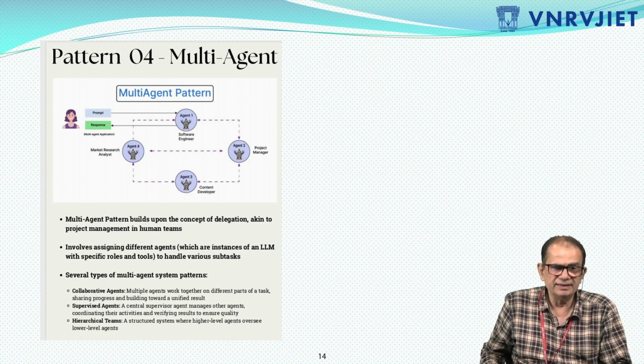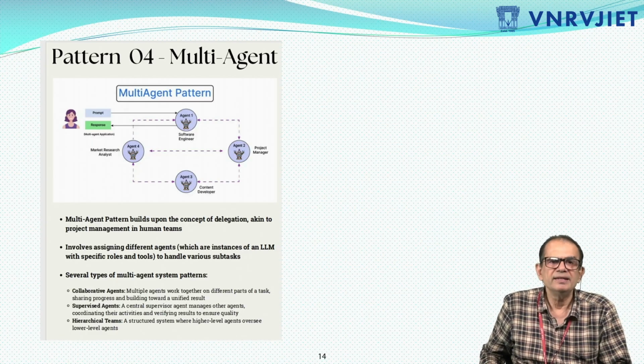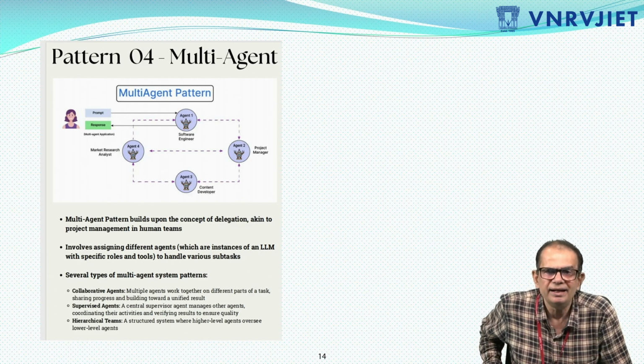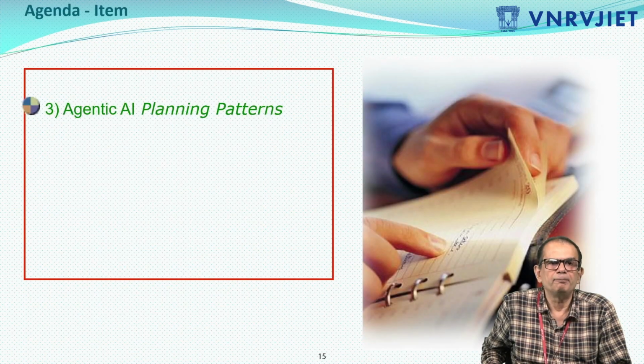Supervised agents have a central supervisor who manages the other agents. Hierarchical teams are a structured system where higher level agents oversee lower level agents. In this way, the multi-agent pattern is executed, and the task can be done through these patterns.